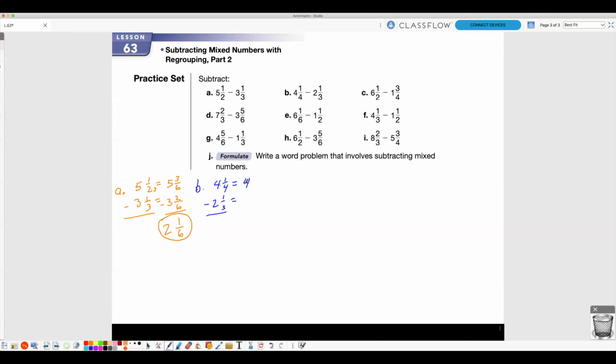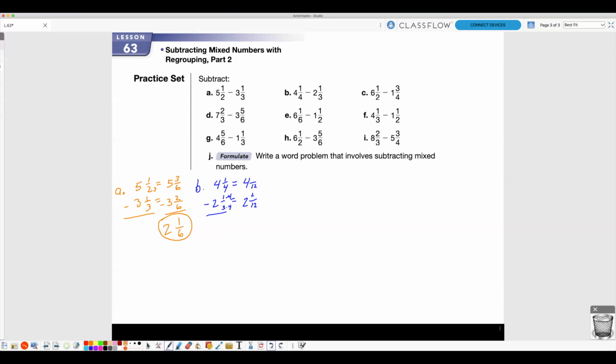So I'm going to have 4 as the mixed number with a denominator of 12. This will be 2 again, just like it is here, with the denominator of 12 as the mixed number in this case. And then I have to multiply that times 4 to get to 12. This one would be times 4 to get to 4.